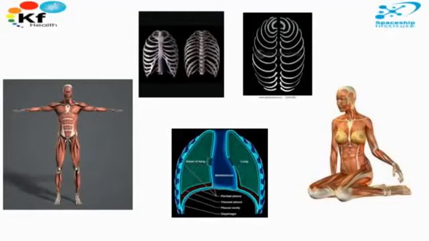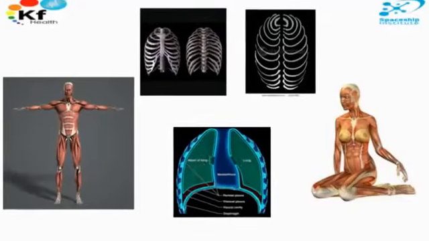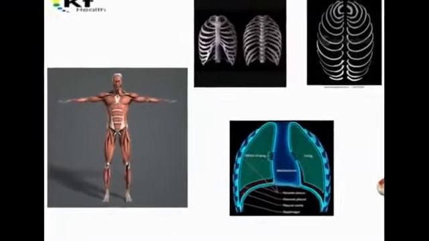As you know from the previous workshop, our chest area has a core shape, and the outside of the core is the rib cage. The rib cage has a very specific shape, and as you see in the middle two pictures, it is so similar to the two hemispheres of our brain.